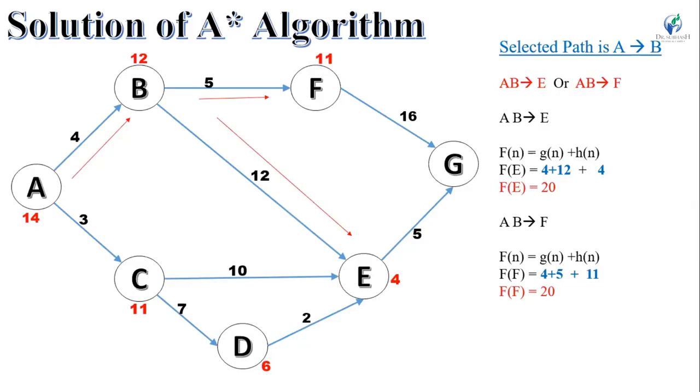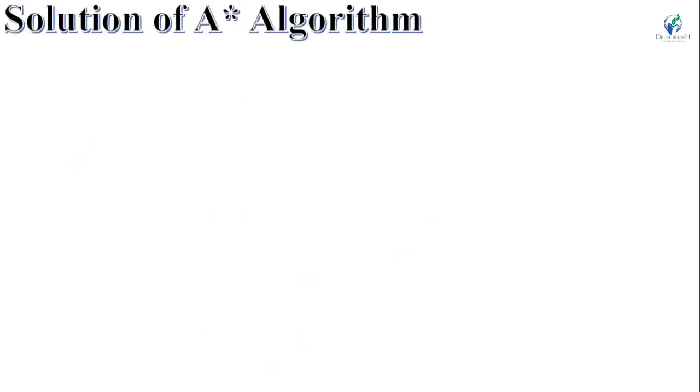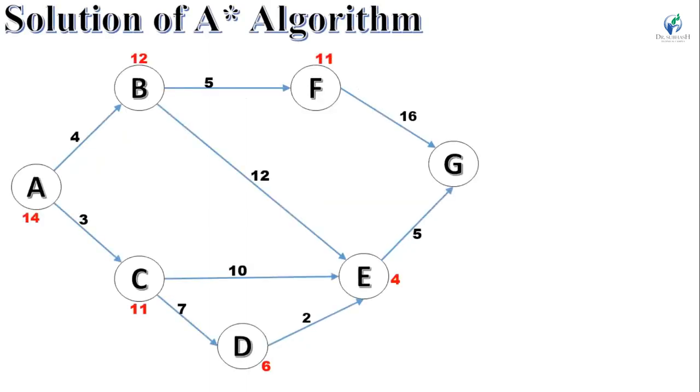But we have a cheaper cost on the AC to D path, so we select that path. We select the AC to D path. That cost is 16, so we select that path.